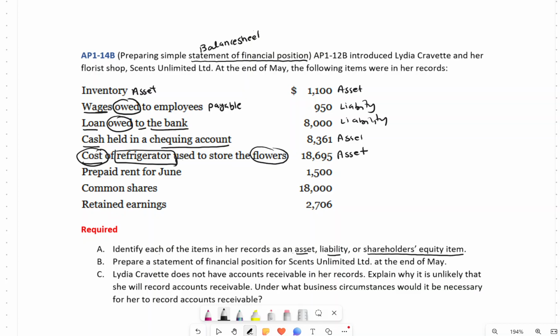We have something called prepaid rent, and prepaid rent is your asset. My next one is common shares. Common shares go under equity, under share capital. So the question is asking where does it go? In this case, it will be under shareholders' equity.